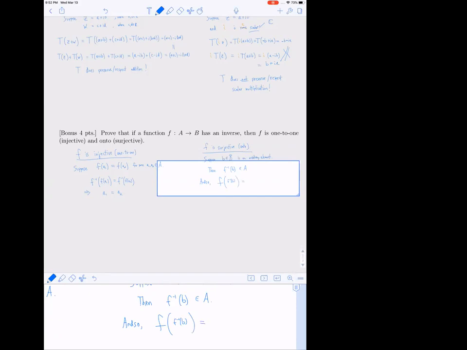Well, again, by the properties of an inverse, f of f inverse of b is just the argument in there, so that's b. So now we've found a thing in A that gets sent to b, and so f is surjective.